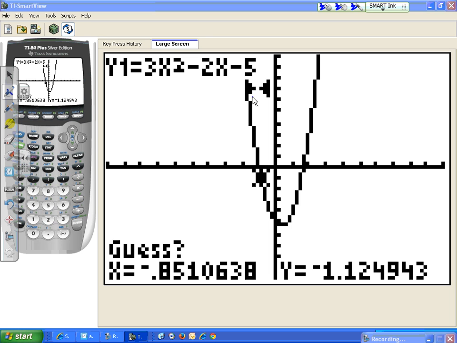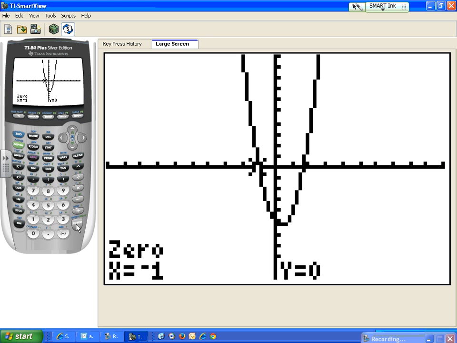We're looking for this right here because right in between there is where we want it to guess on our intercept. So we're looking for those points. Then I can just press enter and it will tell me that the 0 is at -1, 0. That's one of my points.